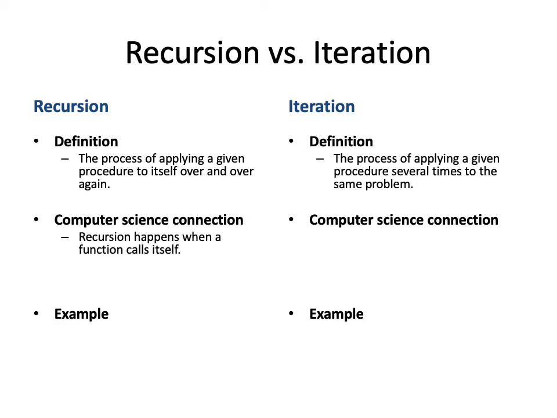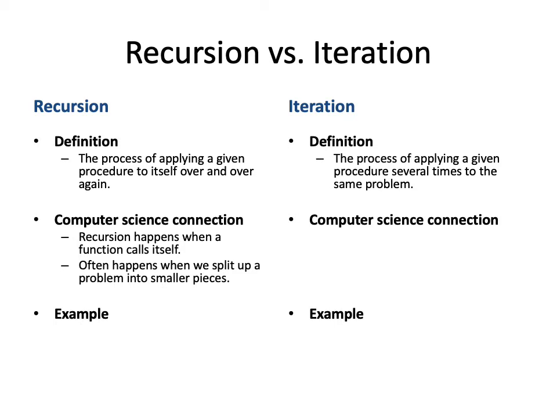In computer science, recursion happens when a function calls itself, or when a function is defined in terms of itself. Same thing. This often happens when we split a problem up into smaller pieces, like for instance the factorial. We say that the factorial of n is equal to n times n minus 1 times n minus 2 times n minus 3, and so on until we're multiplying by 3 times 2 times 1.